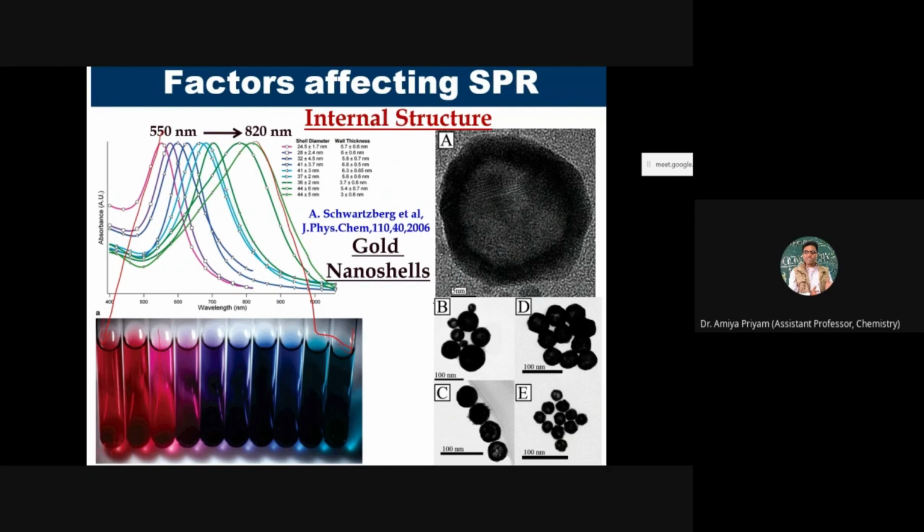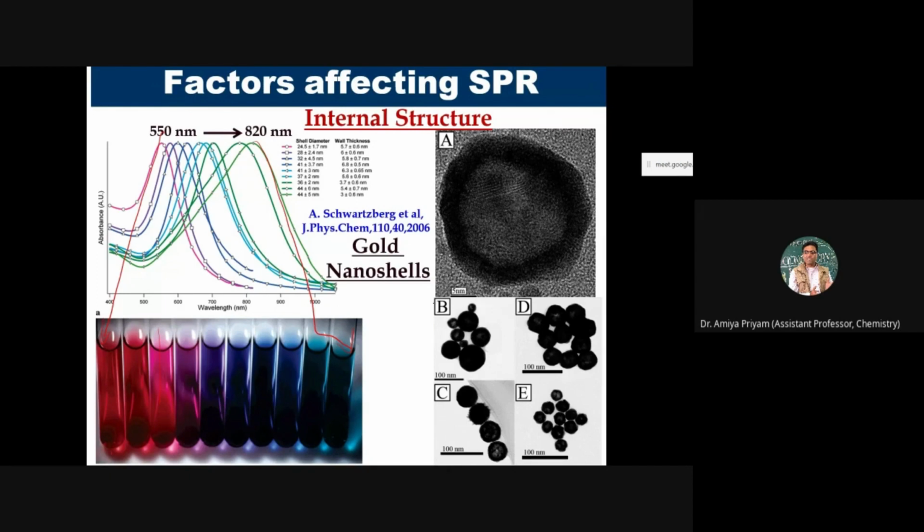So starting from the visible range, the red color, you are moving to the near IR range. 820 nanometer is a near IR wavelength that we are talking about. Even if you keep the size and shape as a nanosphere but make it hollow from inside, the internal structure changes and the SPR frequency moves to the near IR wavelength.